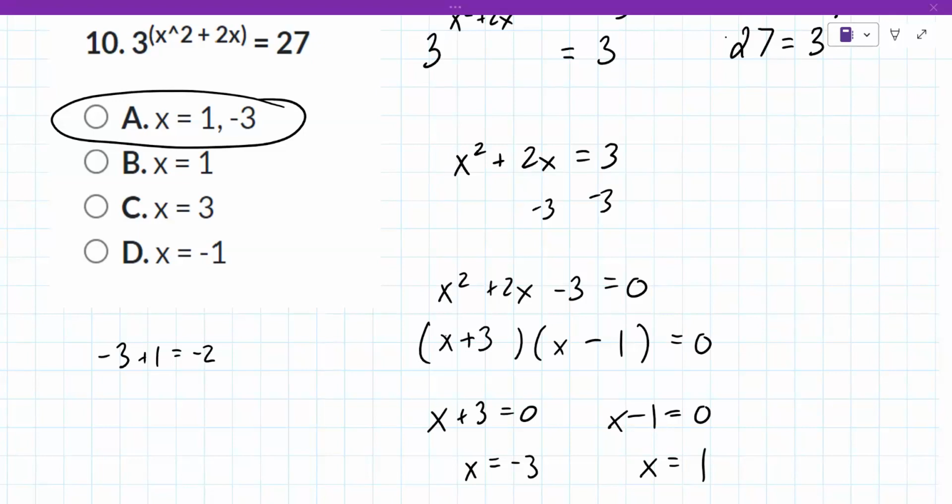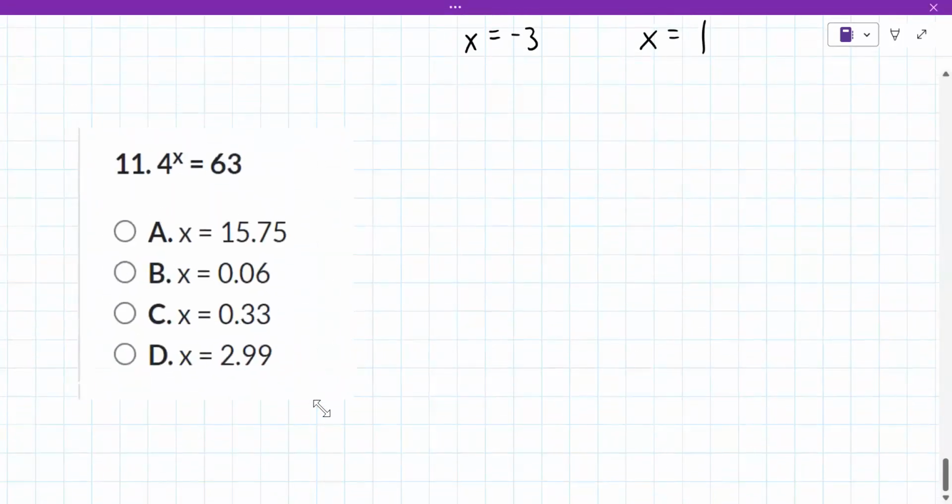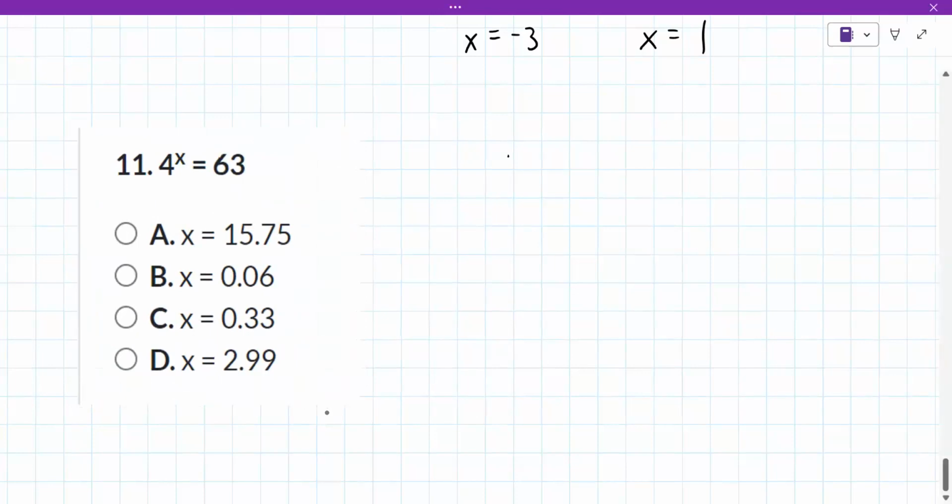So 11 is one of those problems where we've actually solved a problem almost identical in number 1. Could you look back at number 1 and see what similarities there are? It's the same thing, except instead of a 64, it's a 63, so think about how close 63 and 64 are.